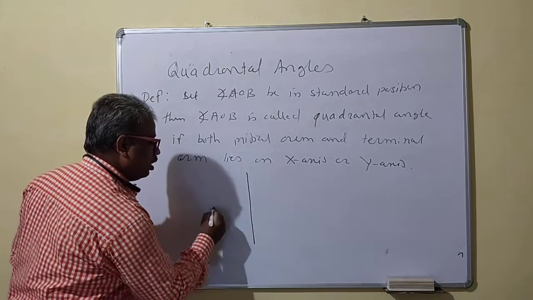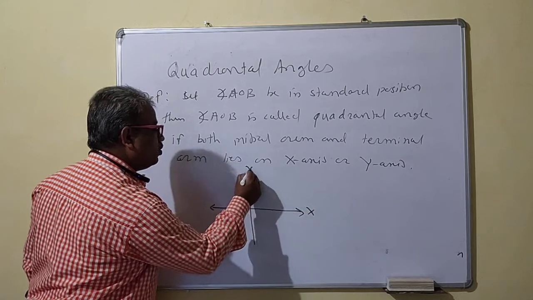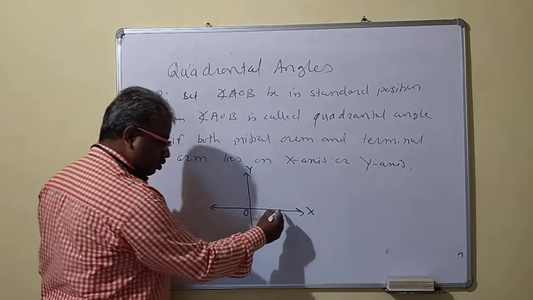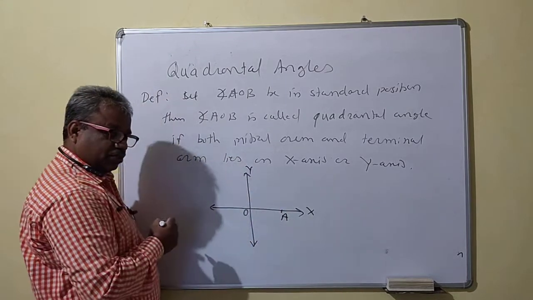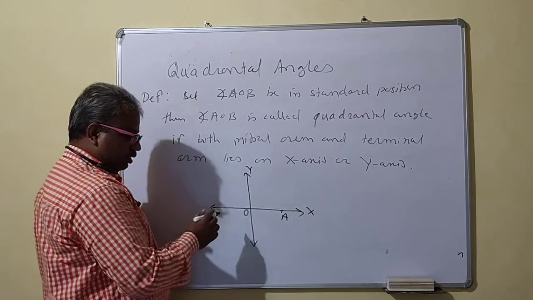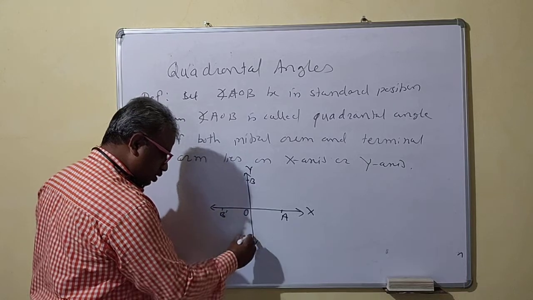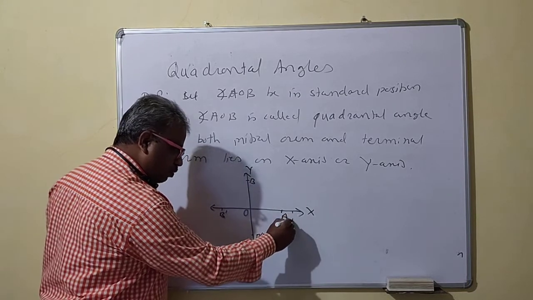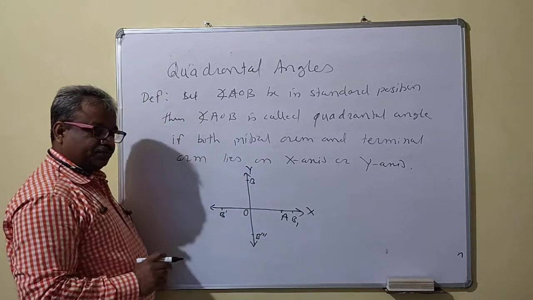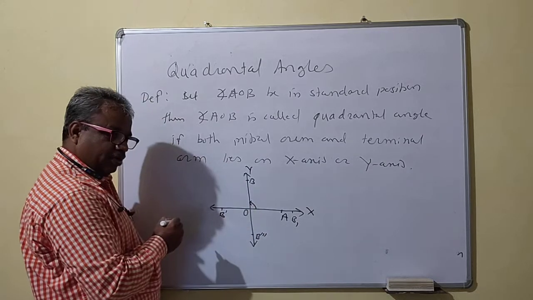Suppose we write some examples. This is the x-axis, this is the y-axis, and this is the origin. O is called the origin. Now the angle should be in standard position, that means the initial arm must be on the x-axis. Now suppose this is B, this is B dash, B double dash, B triple dash, and this is B1.